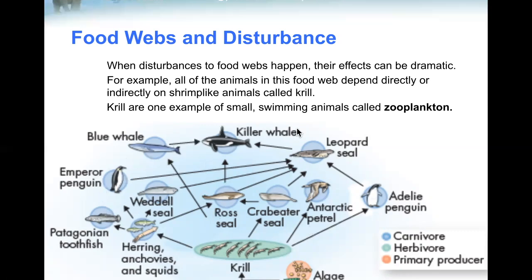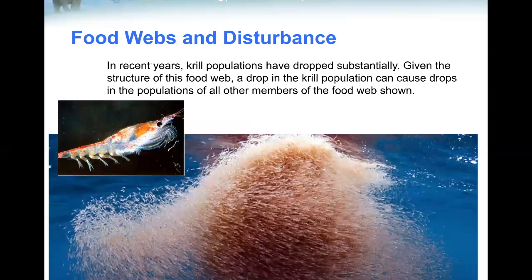That means that all of these depend on the primary producer, algae, and then the first level consumer, the herbivore, krill. In recent years, krill populations have dropped substantially. Given the structure of the food web, a drop in the krill population can cause drops in the populations of all other members of the food chain.